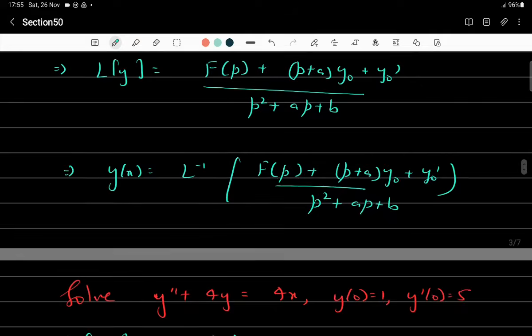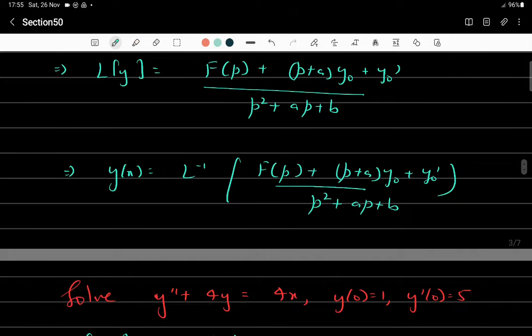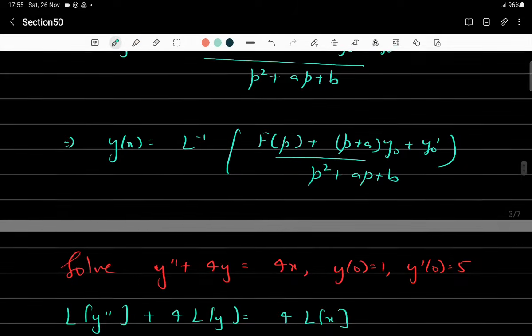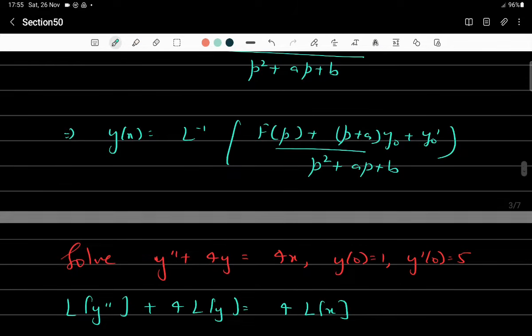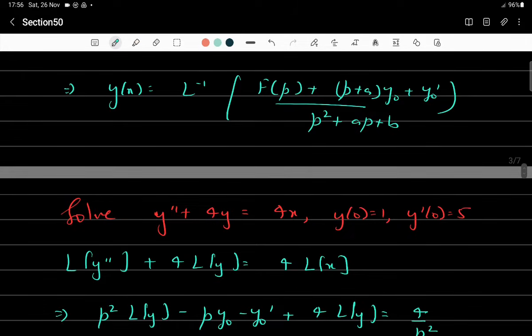Let us say that using Laplace transform, we need to solve the differential equation y double dash plus 4y is equal to 4x, y naught is 1 and y dash naught is 5. Apply Laplace transform on both sides. Recall that L of y double dash is p square L of y minus p y naught minus y naught dash. Now substitute the value of y naught as 1, y naught dash as 5. Take L of y common and take other terms on the other side.